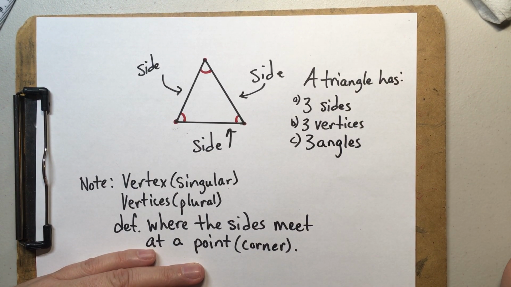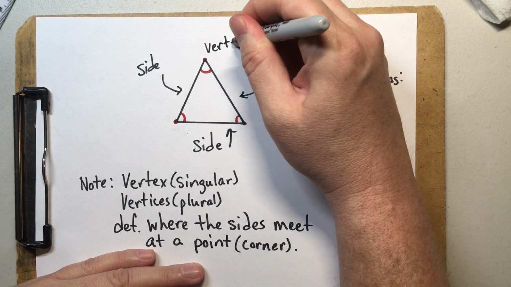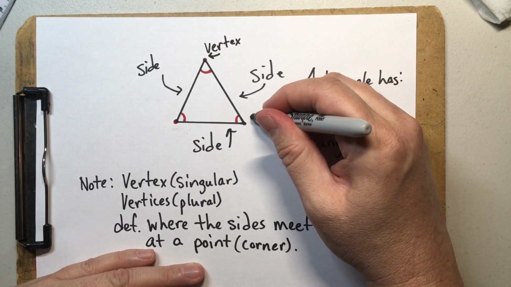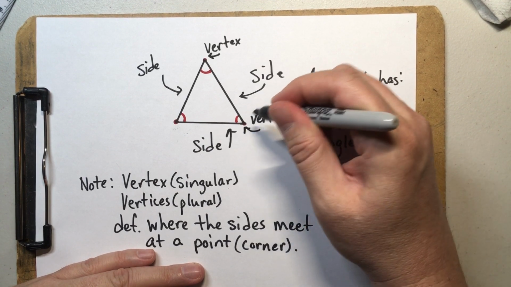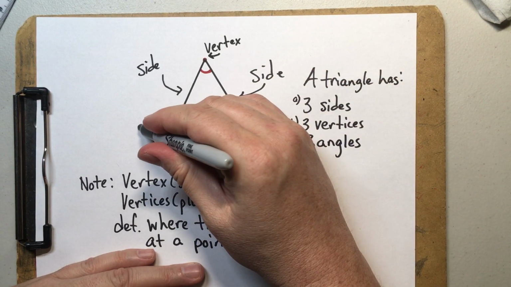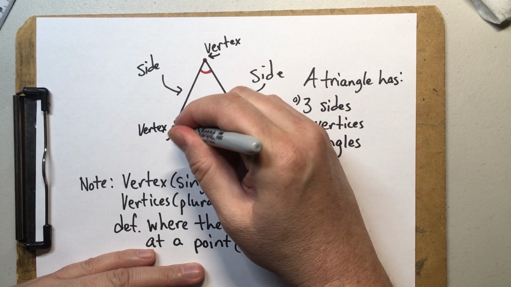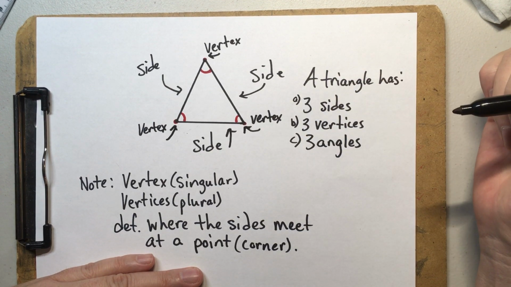Okay, so I'm going to label it too so you can see it. Vertex here, here, and here. And of course we know that if it's more than one vertex, it's called a vertice.